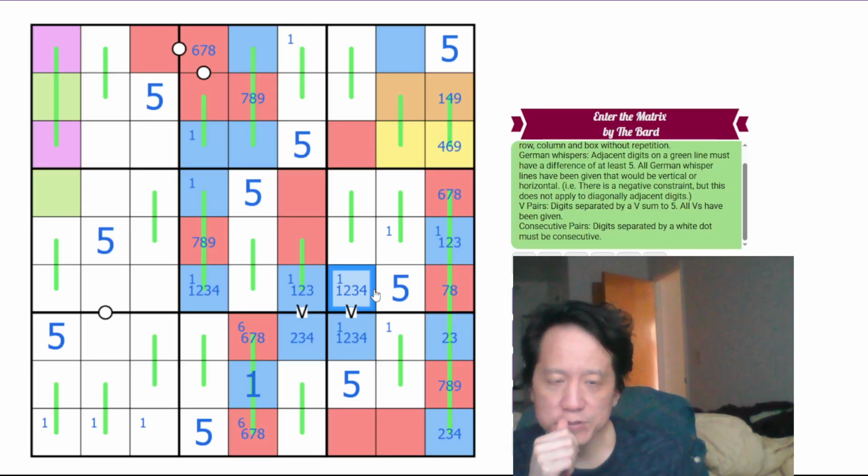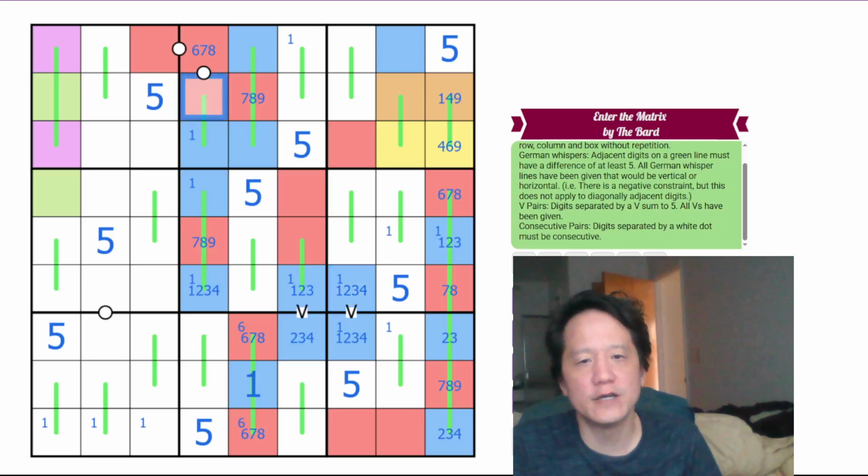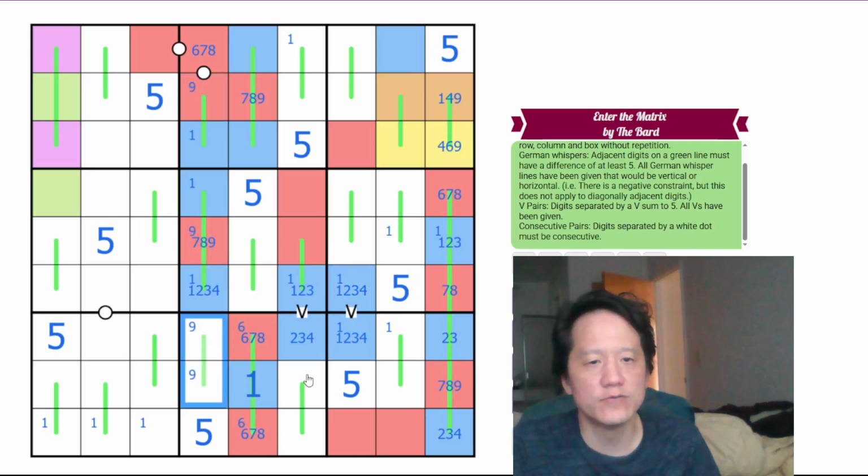We should be able to do similar things with 9s, but we just don't have the 9s as available here. In column 4, 9 has to be here, here, or one of these two.